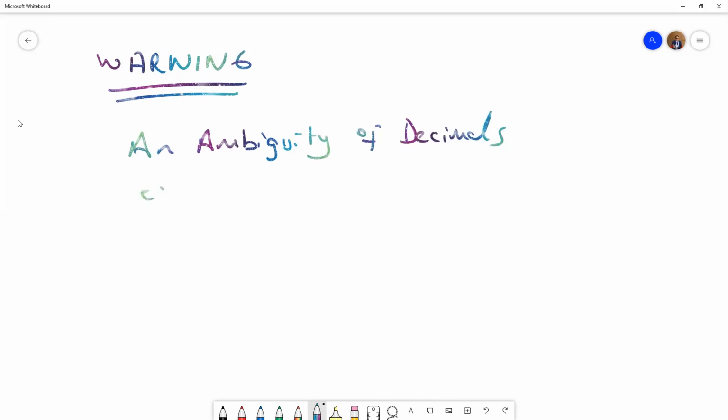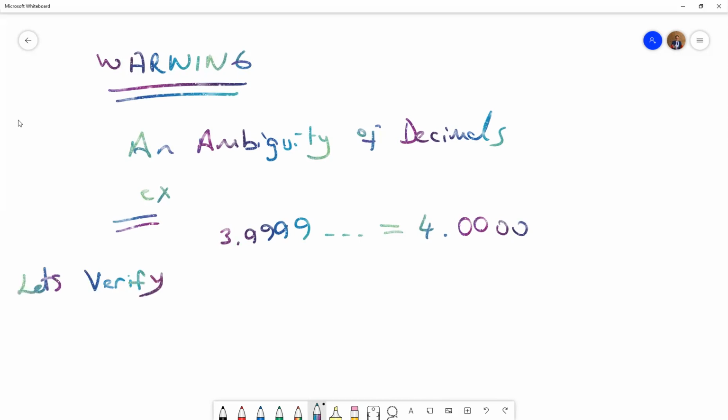What's that? Such as 3.9999... is equal to 4.000 with repeating zeros. Let's verify this one.